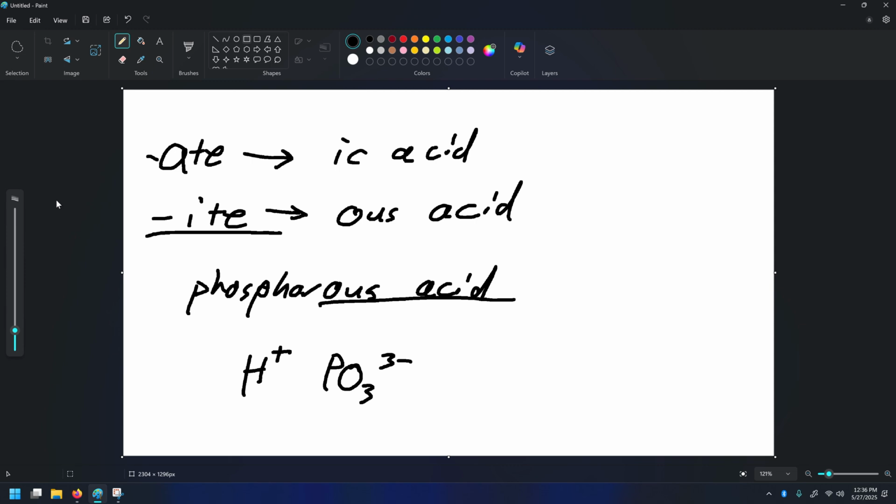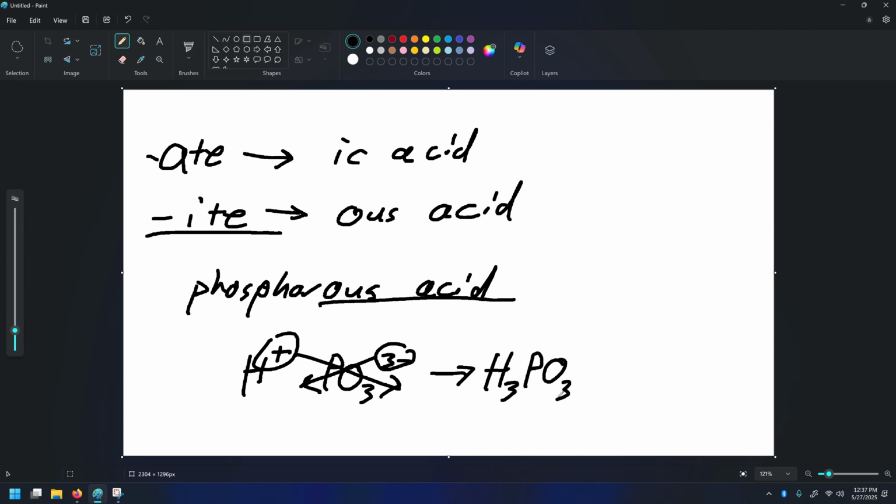There's a little trick you can do. You can take the plus, you can take the 3-, and you can just have them swap partners. If you do this trick where the superscripts become the other element or ion's subscript, you end up with a balanced compound 99% of the time. And so this is going to be H subscript 3 PO3.